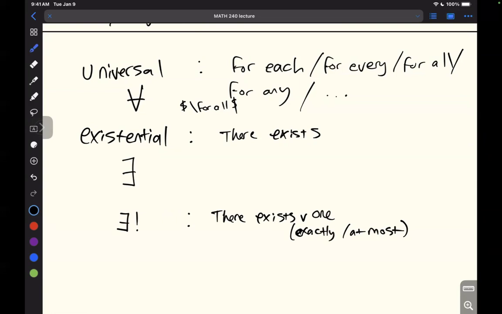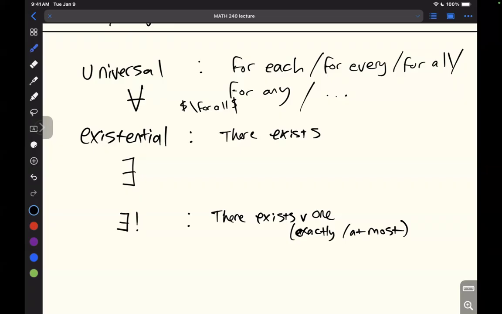And if we want to say that there exists exactly one, or at most one, then we say it with a little exclamation point after it. So the backwards E is there exists.